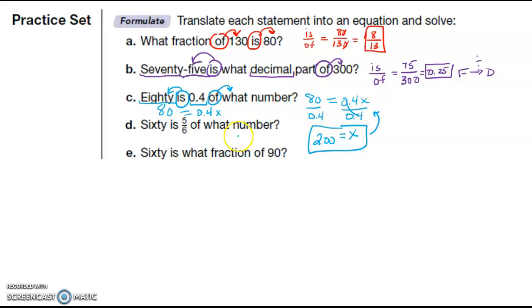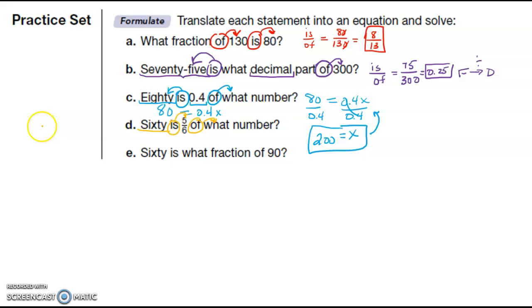That's not an is over of really like we've been doing. Let me see if I can find a color. How about orange? Okay. So here, 60 is 5/6 of what number?